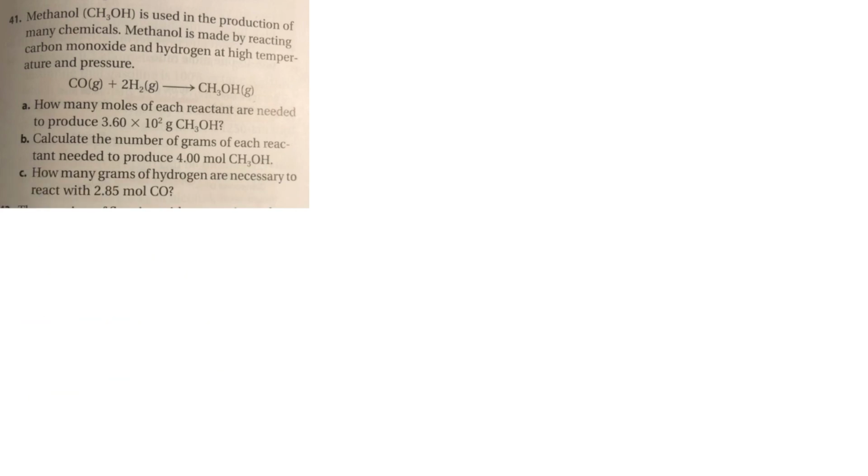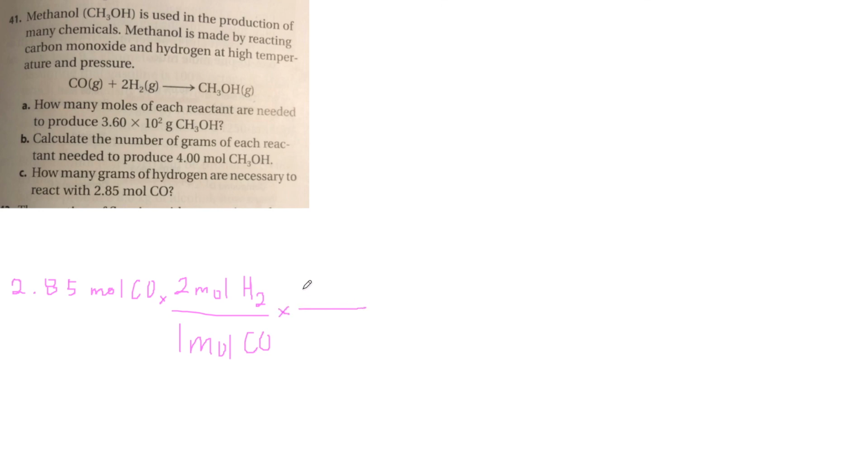Part C asks us to find how many grams of hydrogen are necessary to react with 2.85 moles of CO. So similar to part B, we're converting moles to grams. So we start this off by, again, as the ones before, writing down the given, which in this case is 2.85 moles of CO, then multiplying it by 2 moles of H2 over 1 mole of CO, which is the mole ratio.